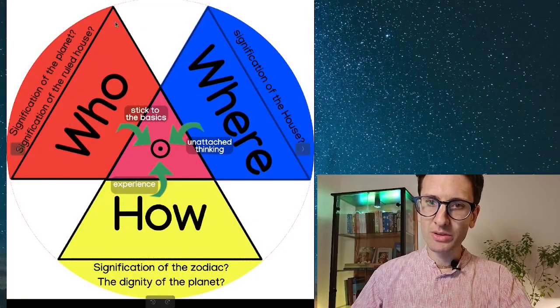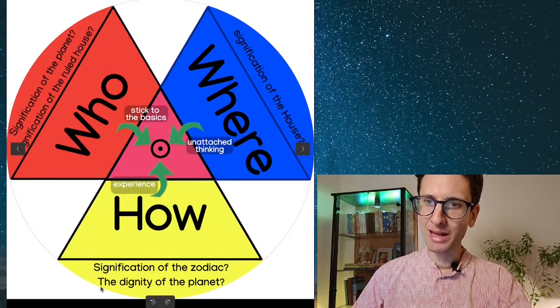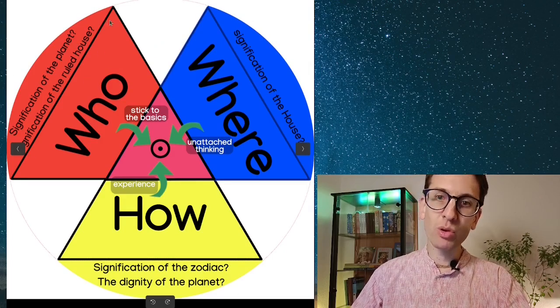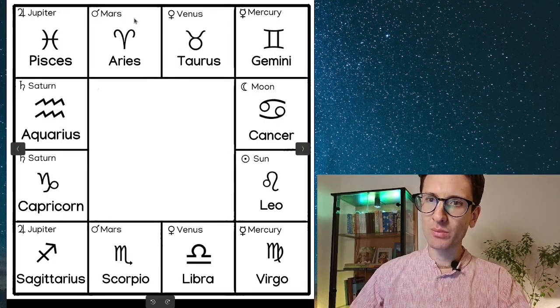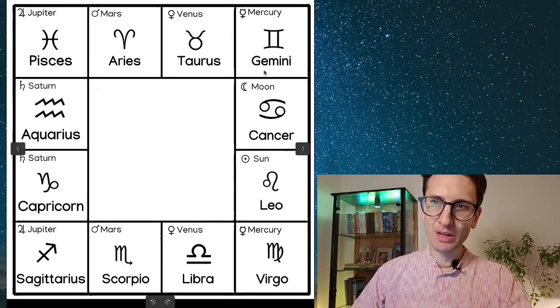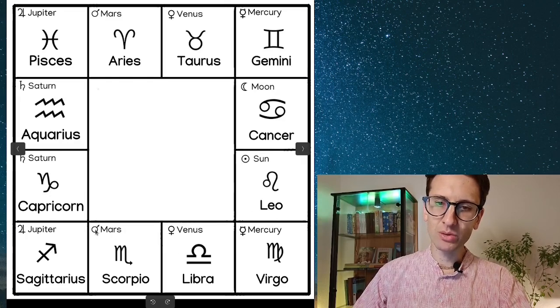We have now talked about the significations of the planets and also about the dignity of the planets. And we have also talked about the rulership of houses, right? So rulership of houses, you can get it from this table, which planet rules which zodiac. And then accordingly, if we have a Gemini ascendant, then the ruler of the second house will be Moon, the ruler of the third house will be Sun, the ruler of the fourth house will be Mercury, the ruler of the fifth house will be Venus, the sixth house ruler will be Mars.